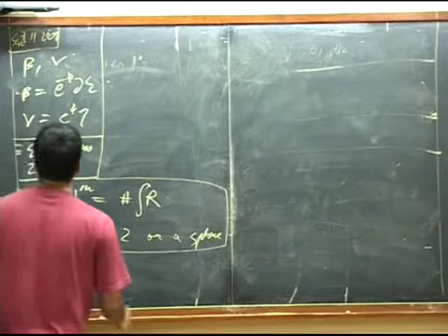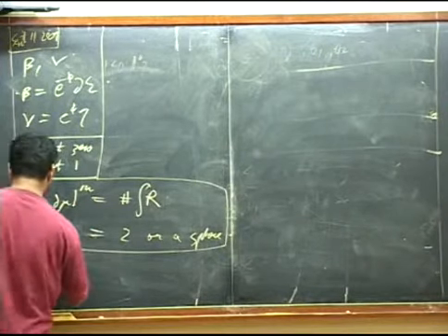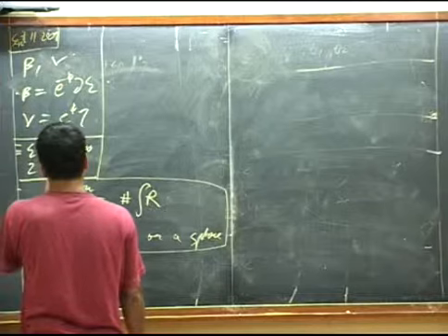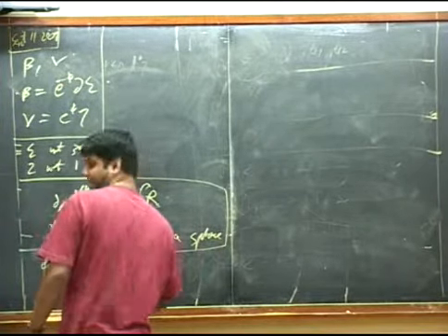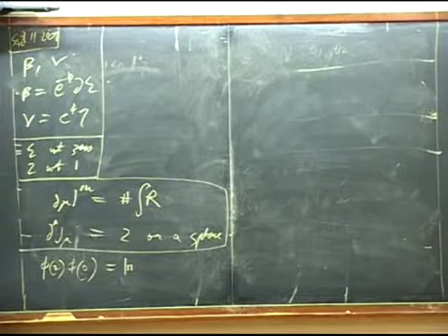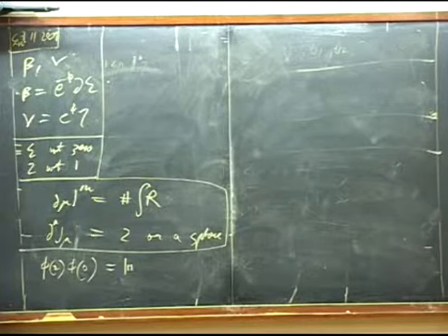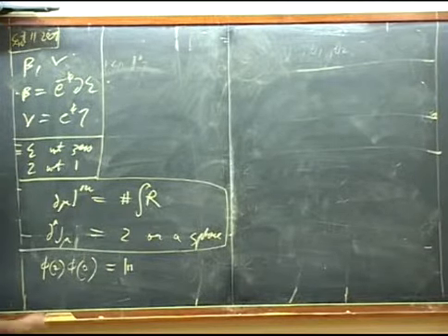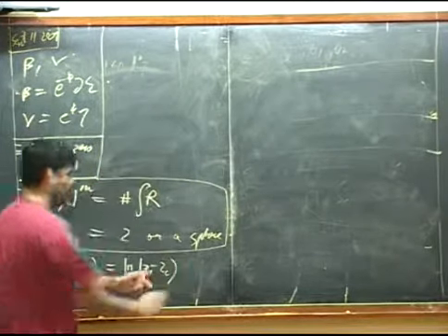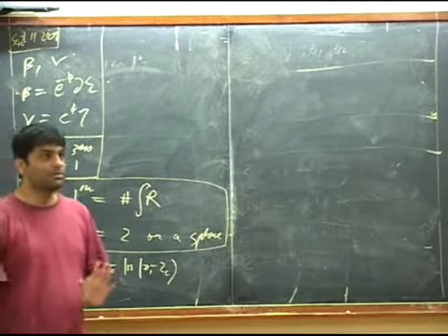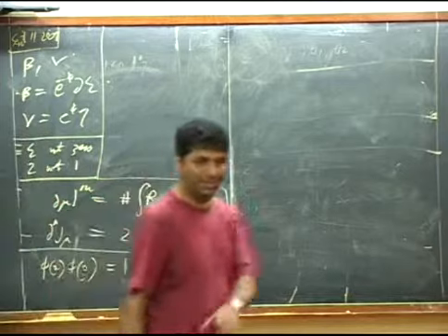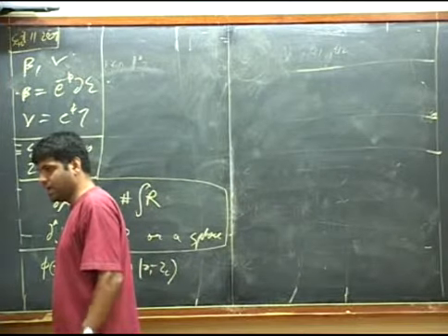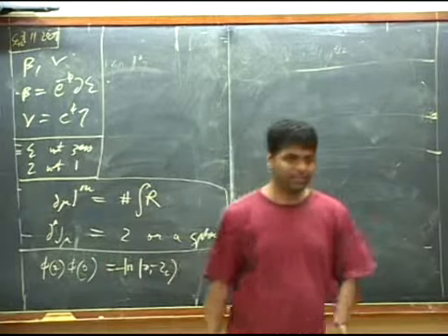And is there anything else I want to remember? Okay, the other thing I want to remind you is that phi of z, phi of 0 is equal to plus... I think it's minus.